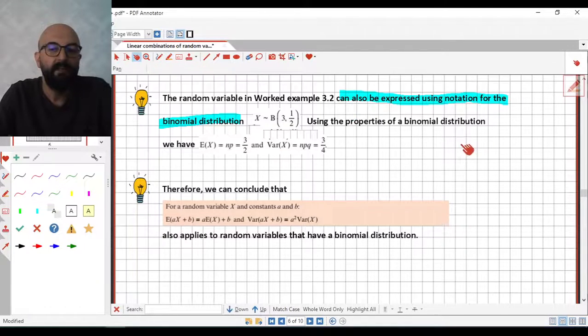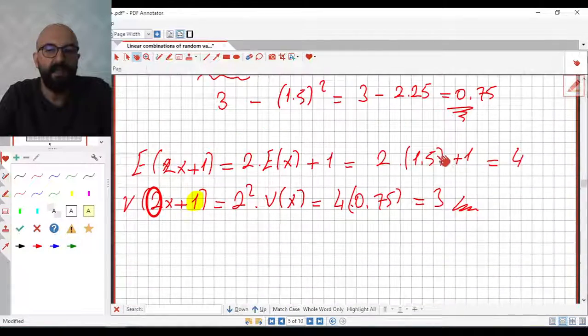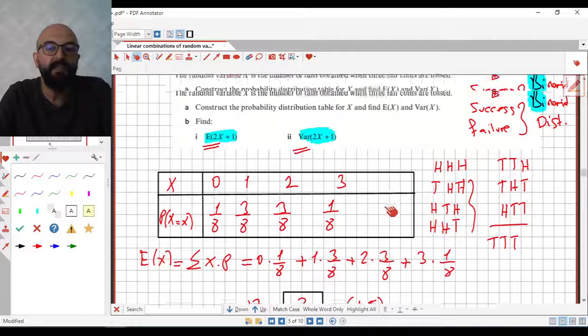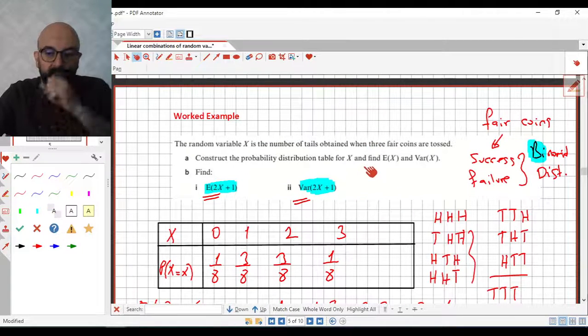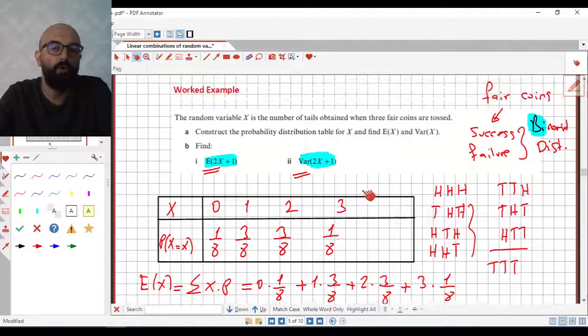As you remember, in this example we toss a coin three times. We want to count the tails, and it is a binomial distribution with three trials.